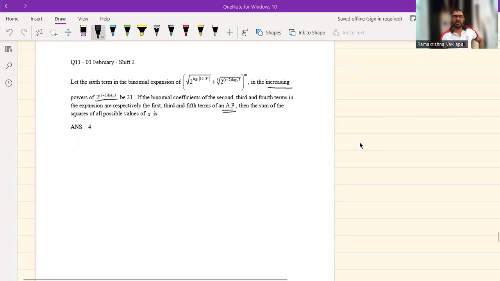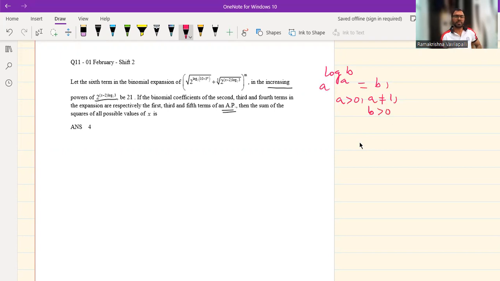So here the first basic point is we have to use simple logarithmic identities: a to the power of log b base a equals b. Of course, there are conditions: a greater than 0, a not equal to 1, and b also must be positive. So we have to simplify the terms one by one.